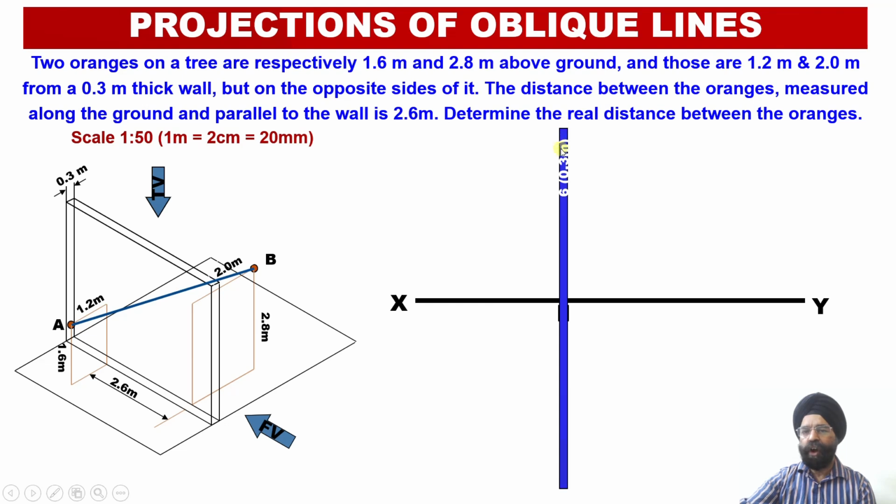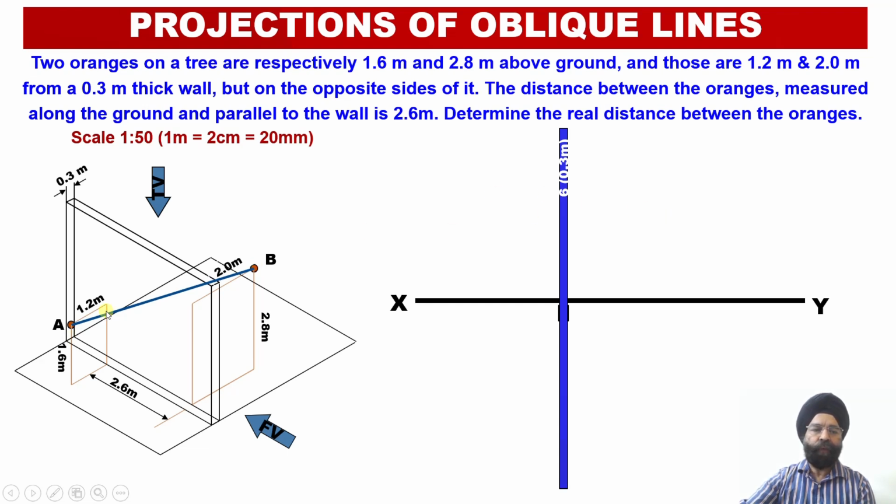So once we draw the thickness of the wall as 6 millimeter, now using the coordinates corresponding to point A and point B, we will be able to locate the coordinate locations of the A dash and B dash points in the front view elevation projections.